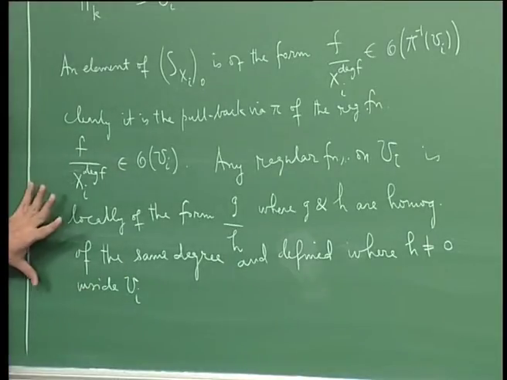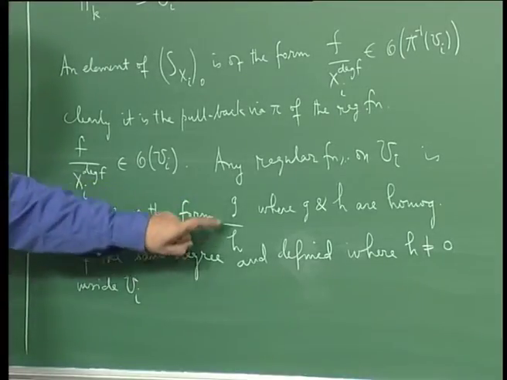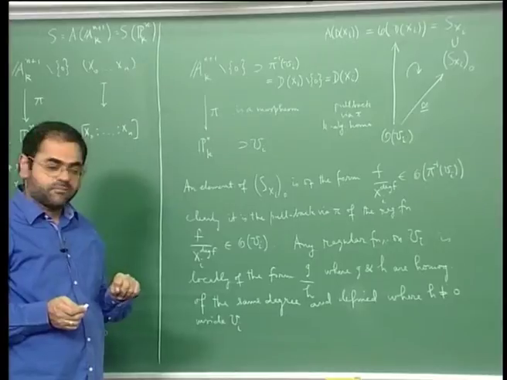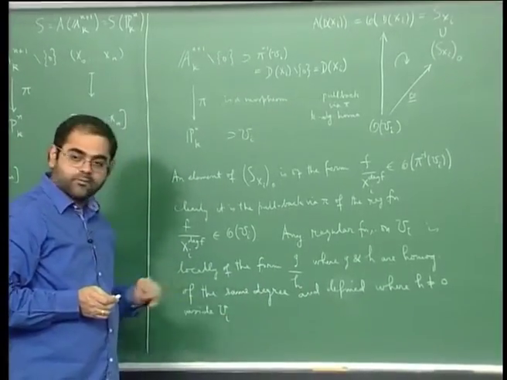Any regular function on ui looks like this: locally it is a quotient of two homogeneous polynomials of the same degree, and it is defined where h is not 0 and is inside ui.